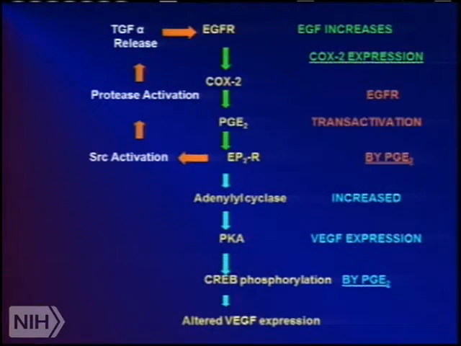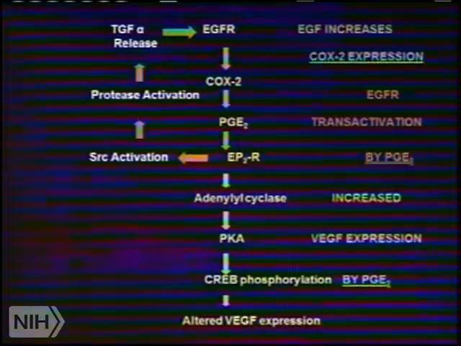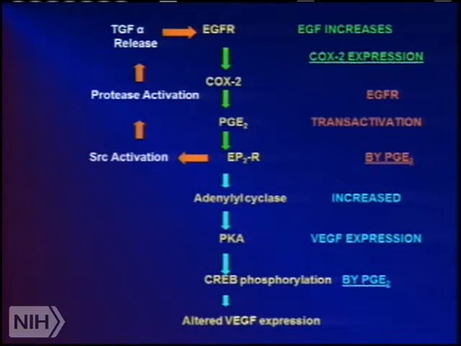But then we see that this is a cycle. That's what happens in cancer cells. They have these growth-promoting cycles that work in an autocrine manner. So when you have the prostaglandin, it activates the EP2 receptor. Then in turn, other proteins get activated, such as SRC, such as matrix metalloproteases, and then they cause EGF receptor ligands, such as TGF-alpha, to be released, activating the EGF receptor.